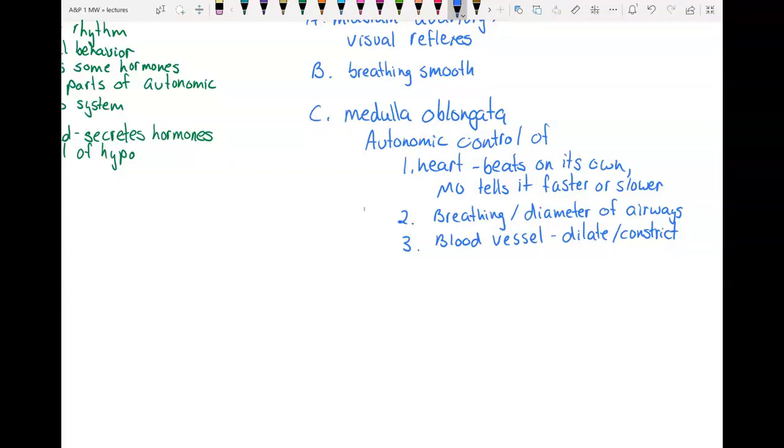In addition to this autonomic control, your medulla oblongata can make you cough, sneeze, gag, and vomit. These are all life-saving functions.